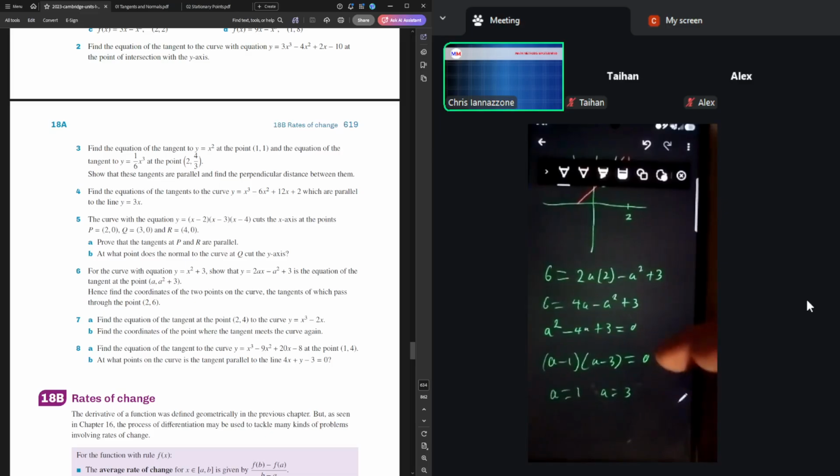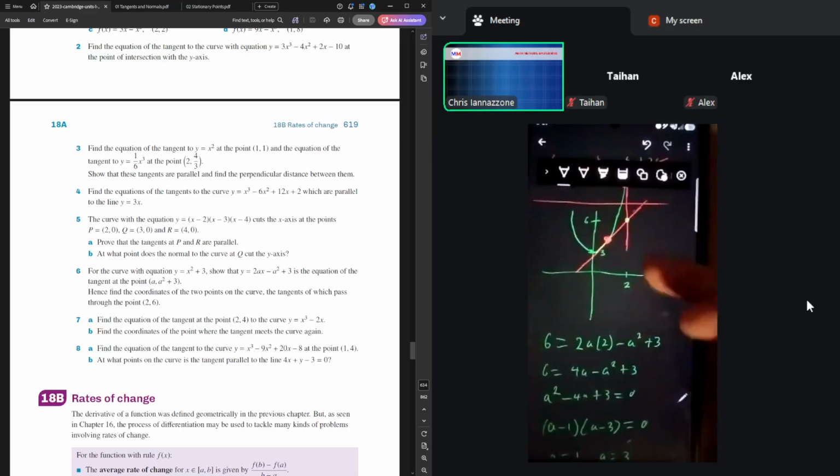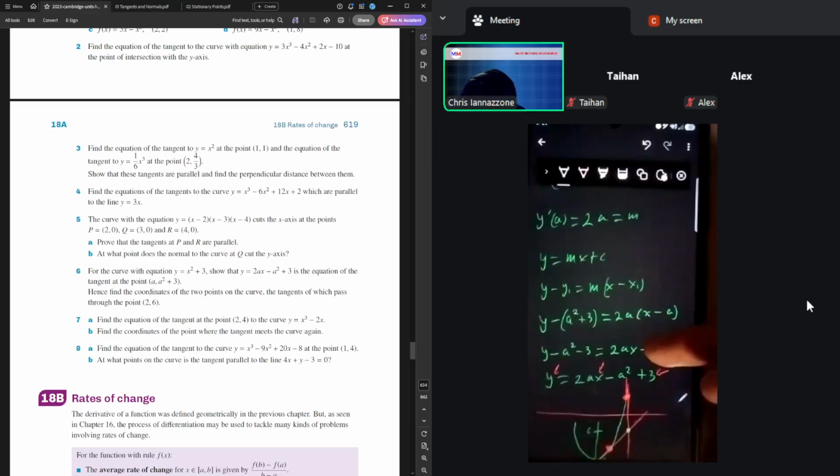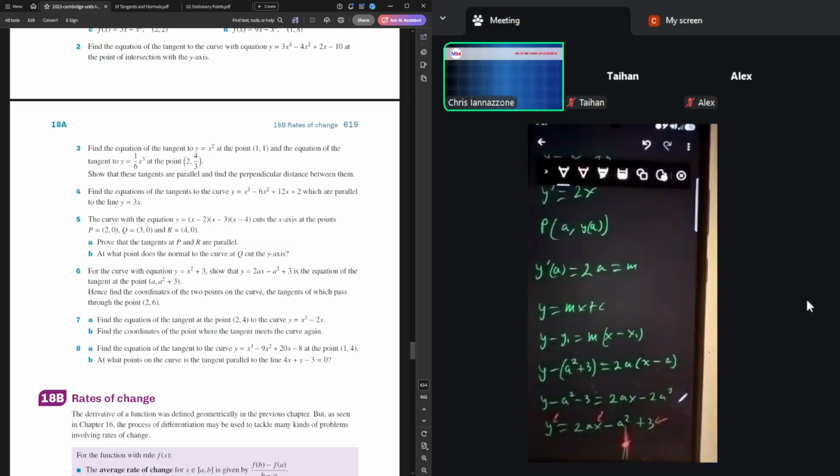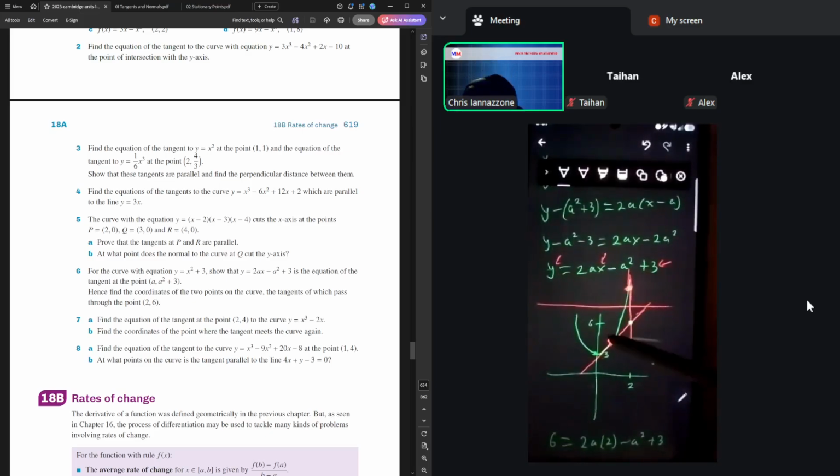Having a equals 1 and a equals 3, what that means is the x-coordinate of both of those points is 1 and 3 respectively. We don't just want the x, we want the y as well. Actually, you can do this in a couple of different ways.